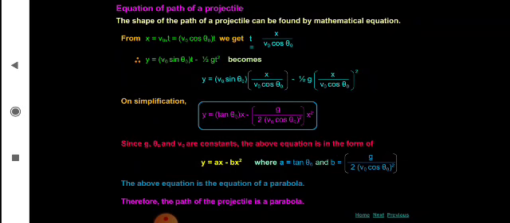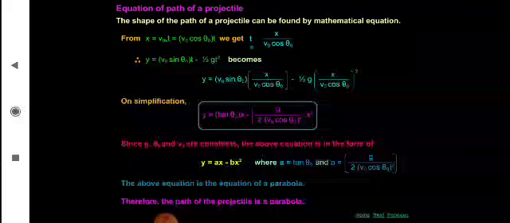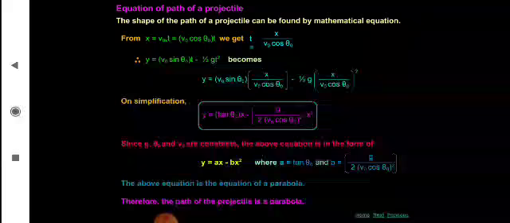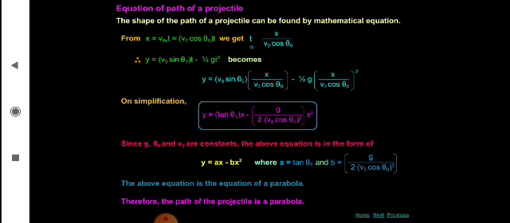That is a small mistake earlier; t is equal to x divided by v naught cos theta naught. In the y equation, y is equal to v naught sin theta naught into t minus half g t square.